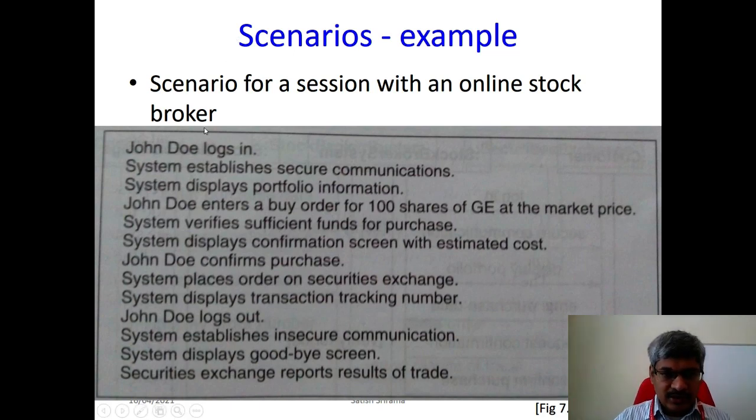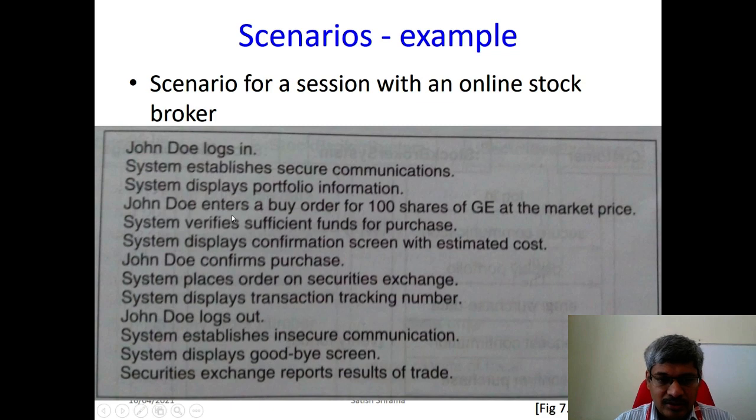First, John Doe logs into the system. Then the system establishes a secure communication with the customer, in this case with this actor. The system displays the portfolio information for this user.